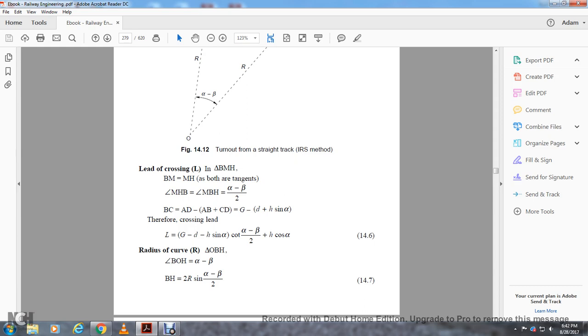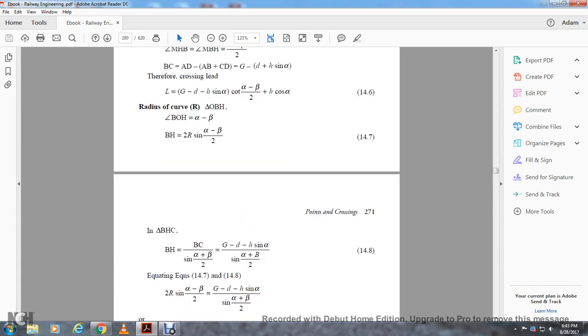Radius of the curve: in the triangle OBH, angle BOH is the angle A minus B. BH is equal to 2R sin of (A minus B) divided by 2. In triangle BHC, BH is equal to BC over sin of (A plus B) divided by 2, equal to (G minus D minus H sin A) over sin of (A plus B) divided by 2.